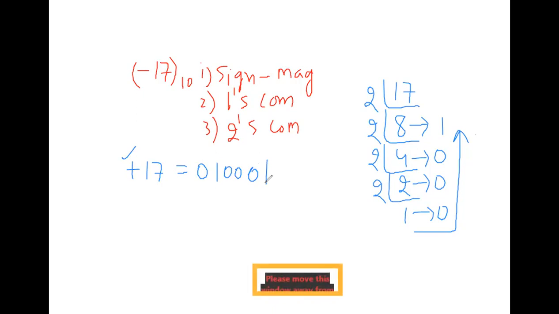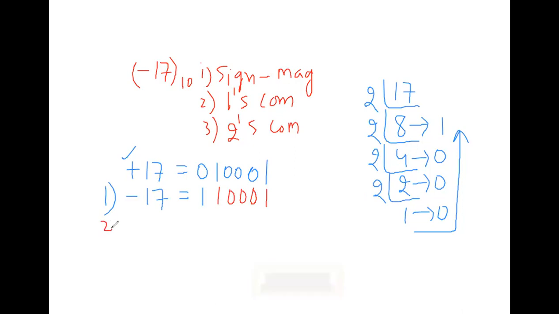Again, can you find it for minus 17? In sign magnitude, the first one, you just have to change the MSB bit, so it will be 1, 1, 0, 0, 0, 1. What will be the second one?